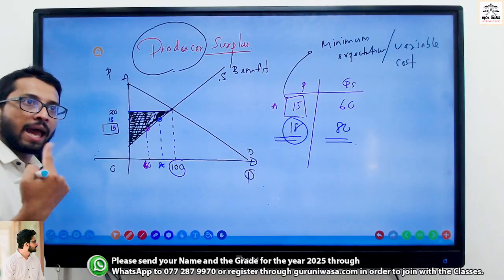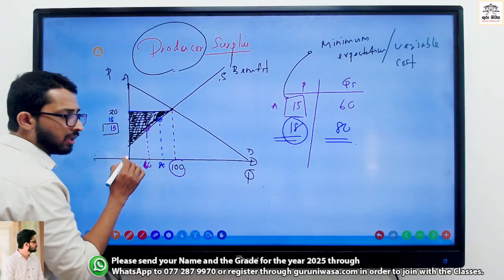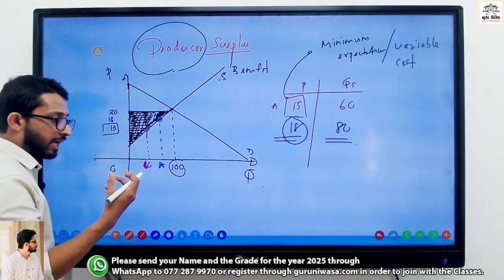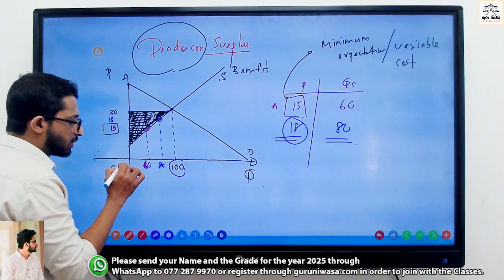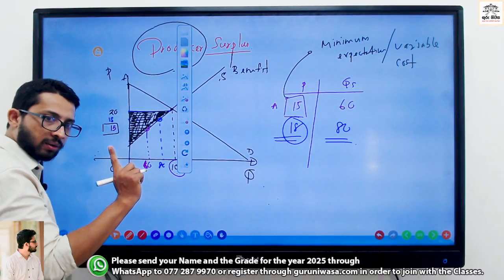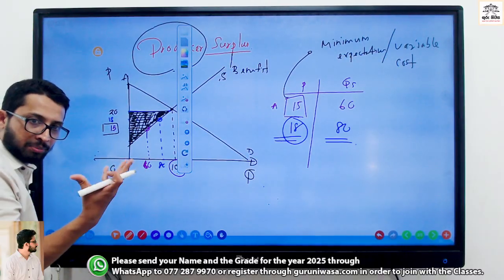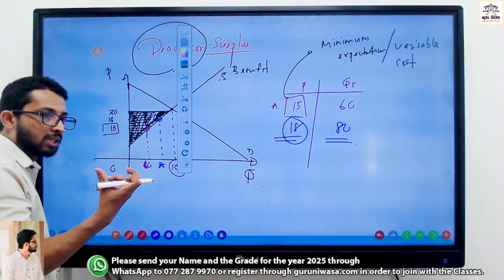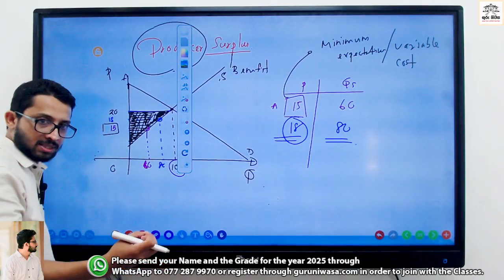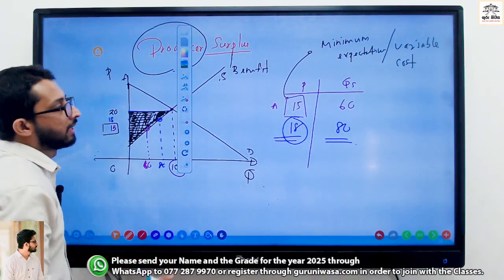That's called aggregate value. It is the benefit that the producer gets from all quantities from 0 to 100, the total benefit from the market at all prices. Clear or not?